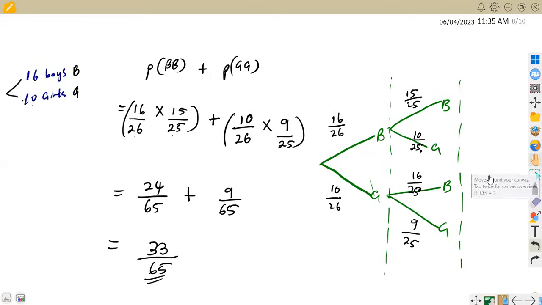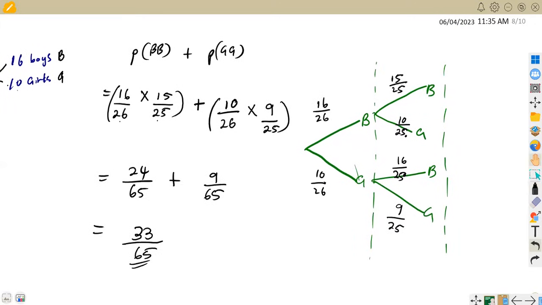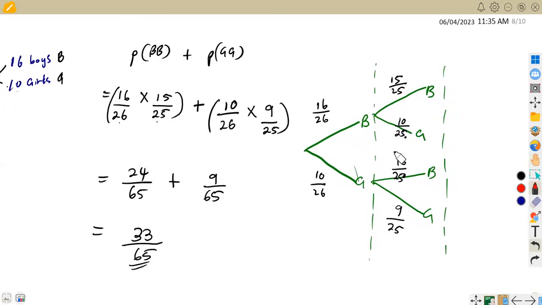So here, what we are mainly focusing on are the branches of both the same sex, that is B, B and G, G. So we take the probability of B, B plus the probability of G, G. We are going to have 16 over 26 times 15 over 25, which is this condition.